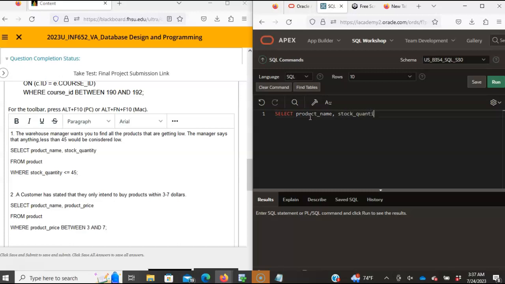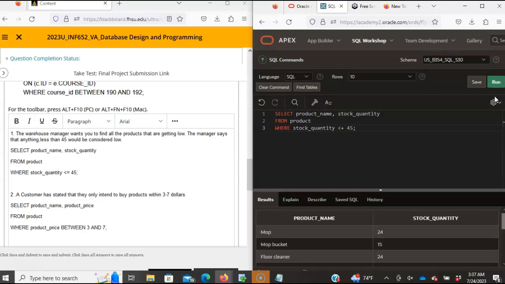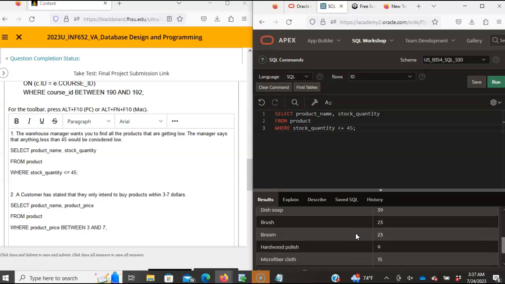The actual SQL portion of this, the writing and the commands, was not too difficult for me. Cardinality and relations were what I probably struggled on the most. So then you have less than or equal to 45. That brings them up.